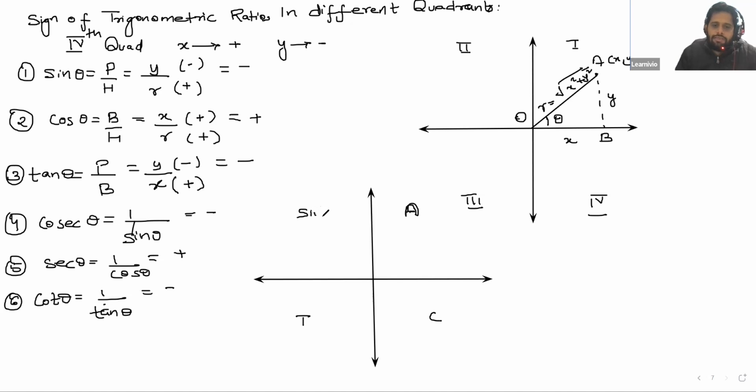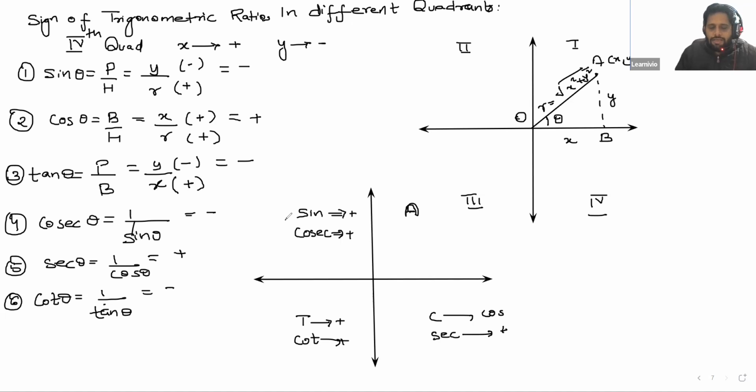S means sine is positive, and its reciprocal, cosec, is also positive. T means tan is positive, and its reciprocal, cot, is positive. C means cos, and its reciprocal, sec, are positive.